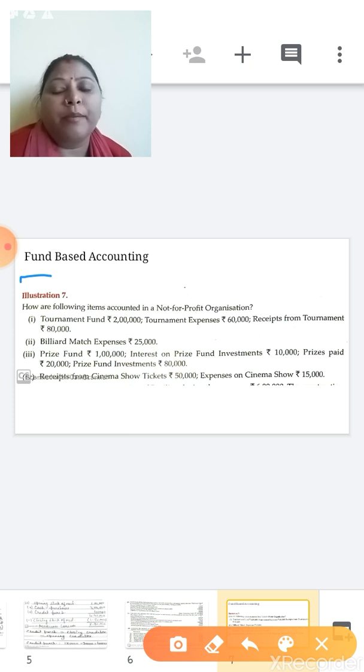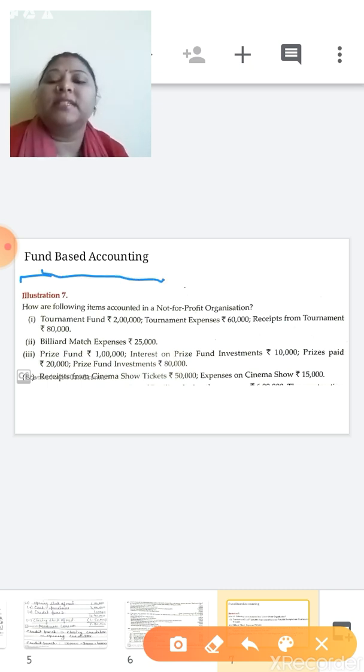Accounting when done on this basis is known as fund based accounting. Now we will do some questions of fund based accounting.